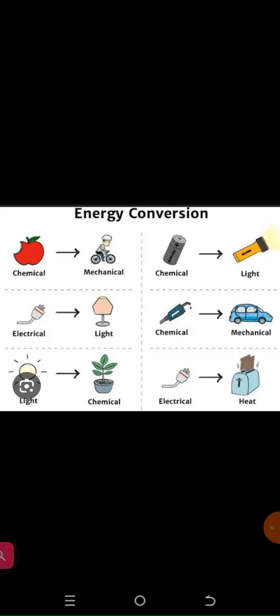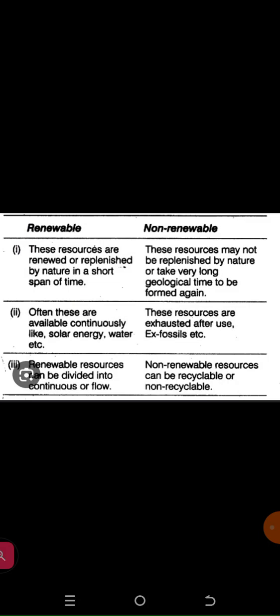Chemical energy of the battery converts into light energy. Same like that, the chemical energy of the fuel or petrol converts into the mechanical or kinetic energy of the car. Electrical energy also converts into heat energy in a toaster. So in all these pictures, you are seeing that one form of energy is converting into another form.